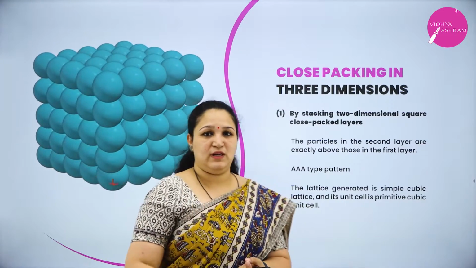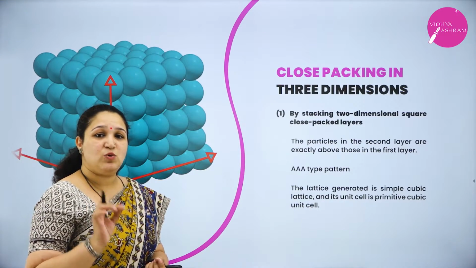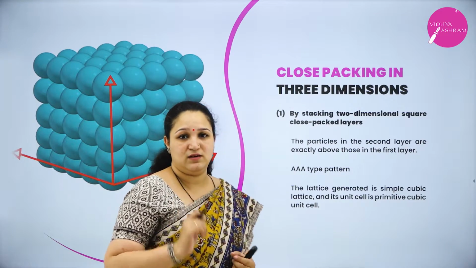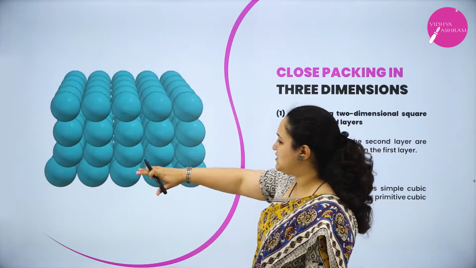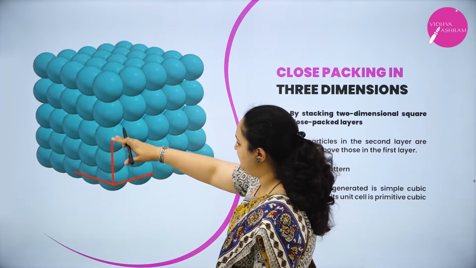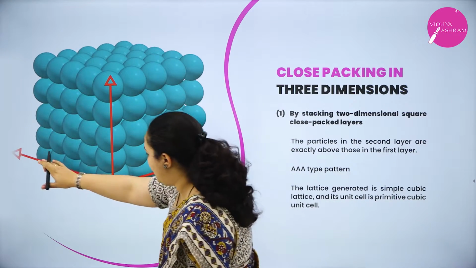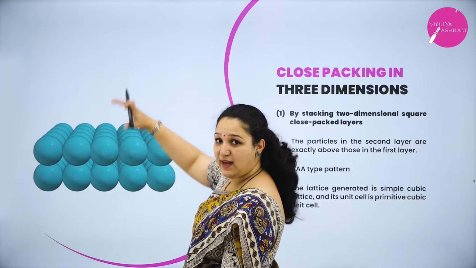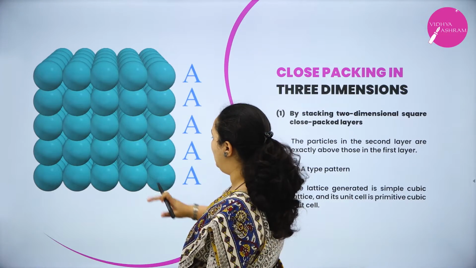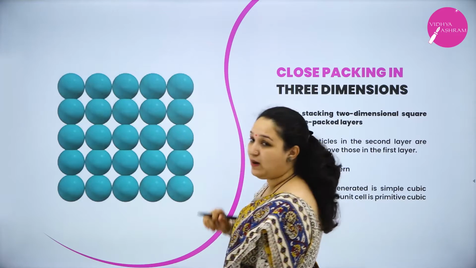The first one is when I take the square close packed layers. You can see this is the first layer, then the second, third, stacked one over the other. I got it in x-axis, y-axis. When I kept one over the other, I also got the 3-dimensional structure, and they are all identical to one another.